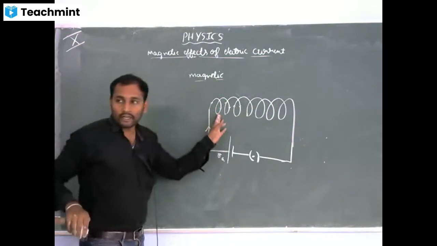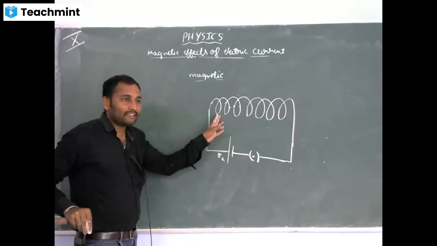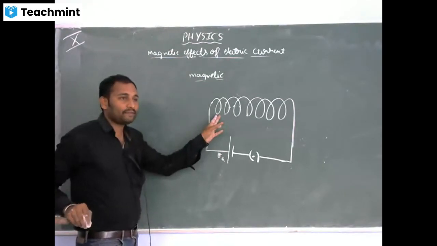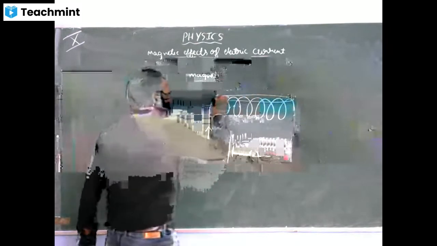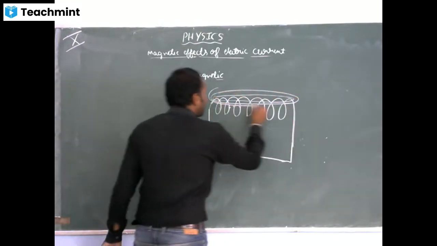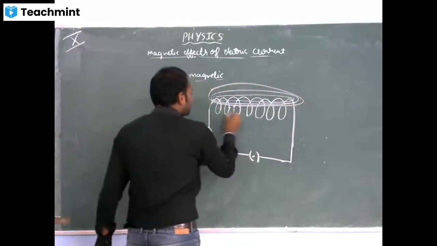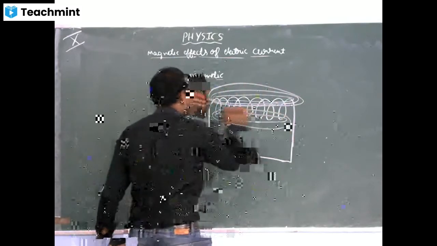In the solenoid, the magnetic field lines we get are similar to a bar magnet. We will be getting magnetic field lines like this. How to identify the magnetic field lines? Do the same activity, and we will get the magnetic field lines.